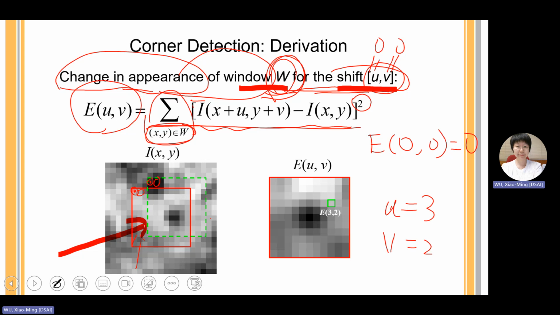That's how we measure the changes in image content between the original window and the shifted window. We restrict the shift to be small, so we can quantify these changes using image gradients. That is the idea.